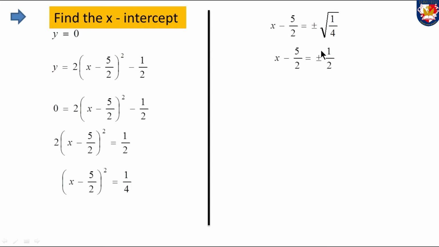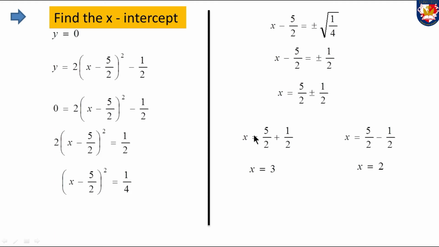Next, we know that the square root of 1/4 is plus or minus 1/2. We are going to find the value of x. So x equals 5/2 plus or minus 1/2. When it is positive, x equals 5/2 plus 1/2. When it is negative, x equals 5/2 minus 1/2. So the value of x is 3 or 2.